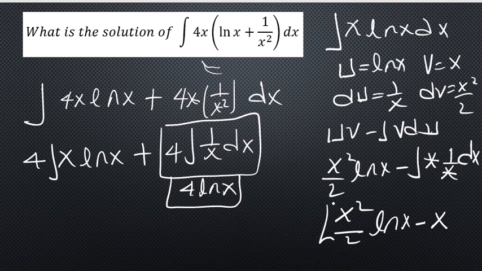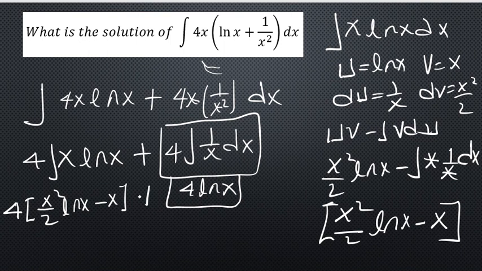But the whole has to be multiplied by 4 here. So it's going to be 4 times x squared over 2 ln x minus x, plus the result that we have here. Then when you multiply, it's going to be 2x squared ln x, then minus 4x, then plus 4 ln x.